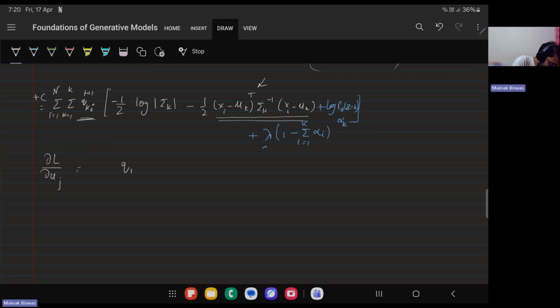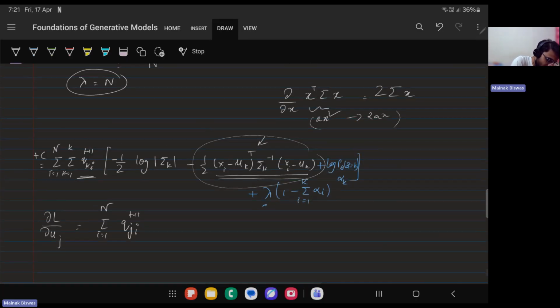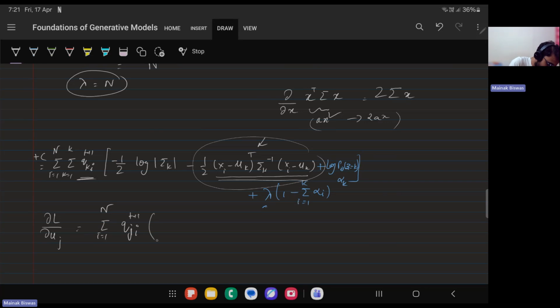So q j I t plus 1, summation of I equal to 1 to n, and you'll have only this term taking a derivative using this property 2ax. So you'll get negative of sigma k inverse xi minus mu k.